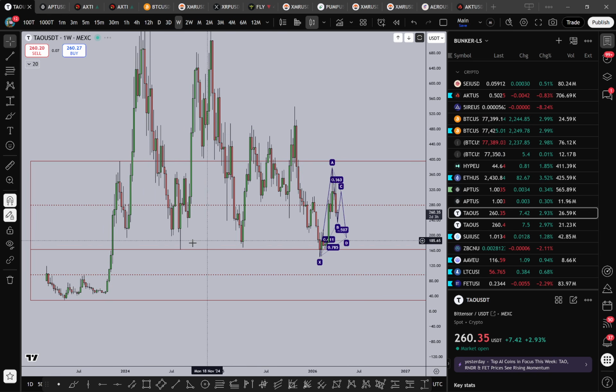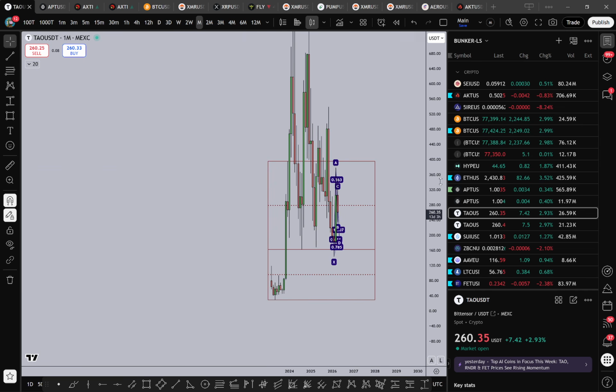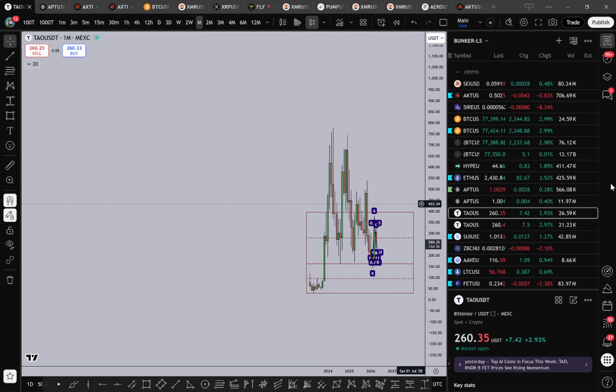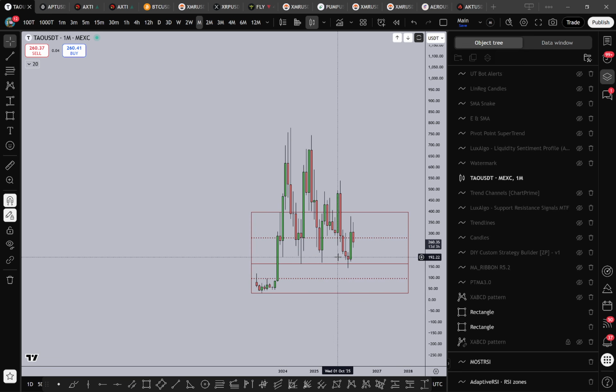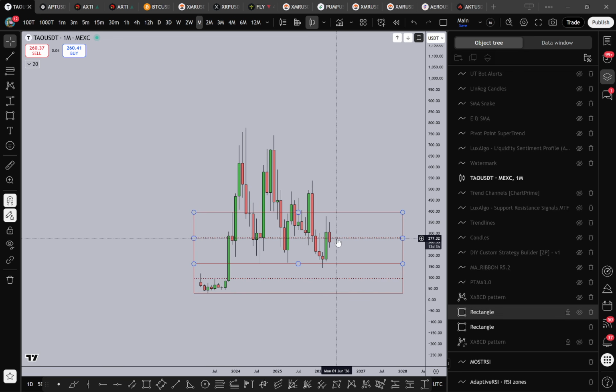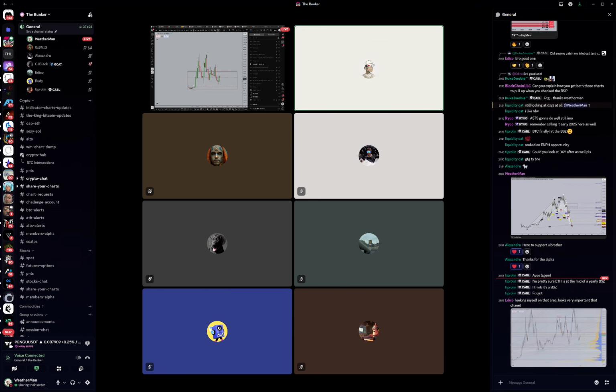Because just look where you can see the confluence here. But this one, like I said, Tau is one of my bigger bags on the higher time frame. So, spot bags. It's a weird way to say it. Tau is one of my spot bags.